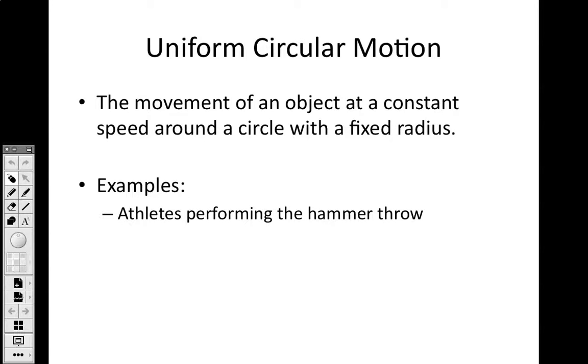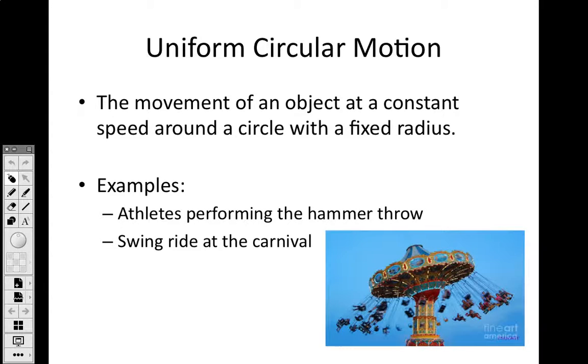Some examples, as I already mentioned, are athletes who perform a hammer throw, or if you've ever been on the swing ride at the carnival, as it twirls you around and around, you are undergoing uniform circular motion. These are just objects that are going around in a circle at a constant speed.